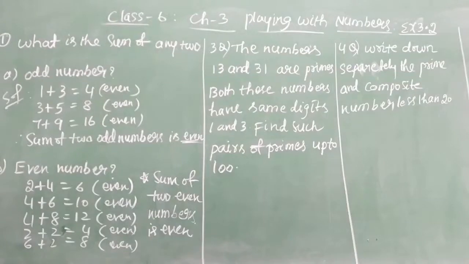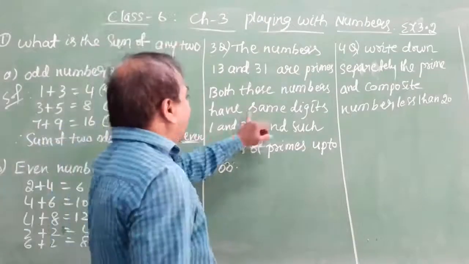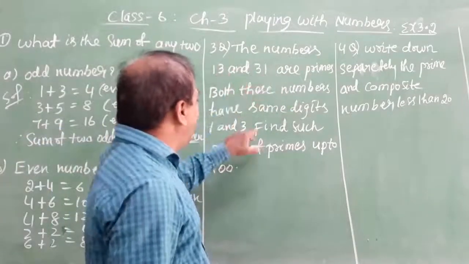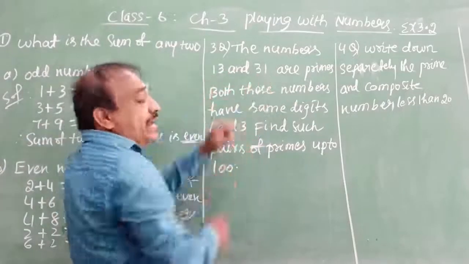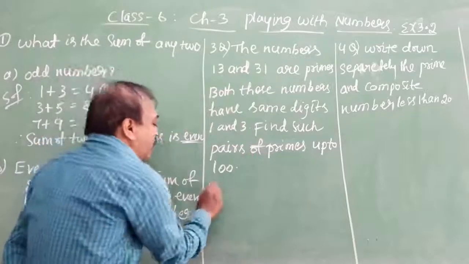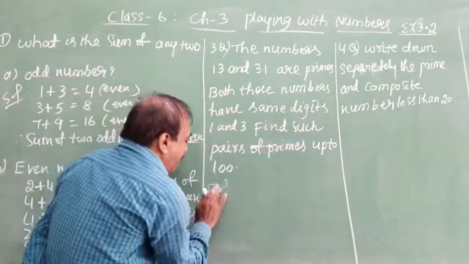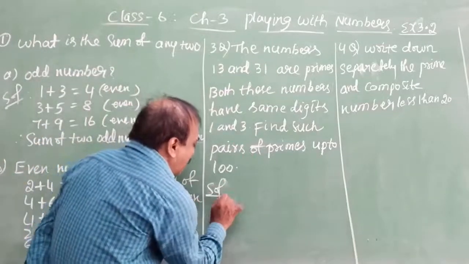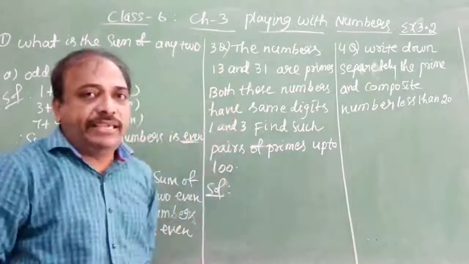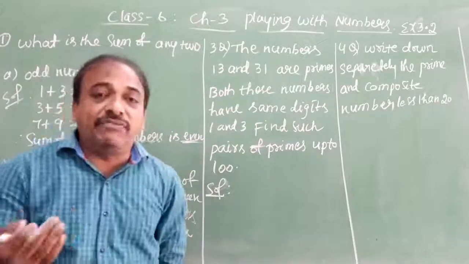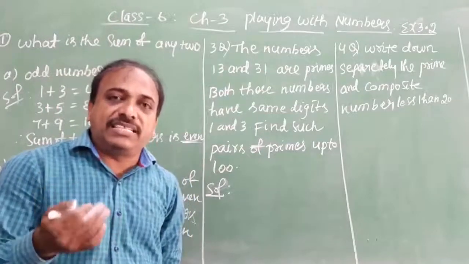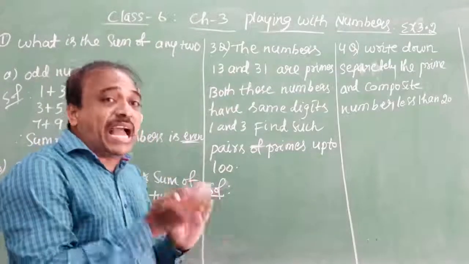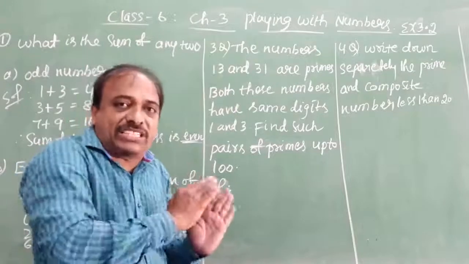13 and 31, both have 1 and 3. Such prime numbers you have to identify between 1 and 100 other than this pair. We can use the sieve of Eratosthenes to identify prime numbers less than 100 which have the same digits, maybe interchanged.